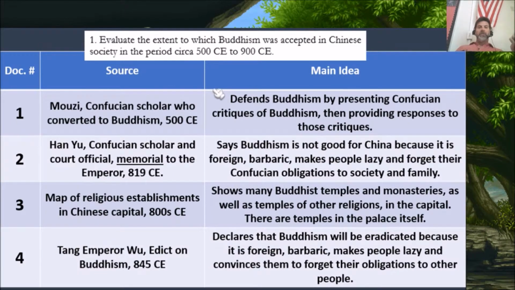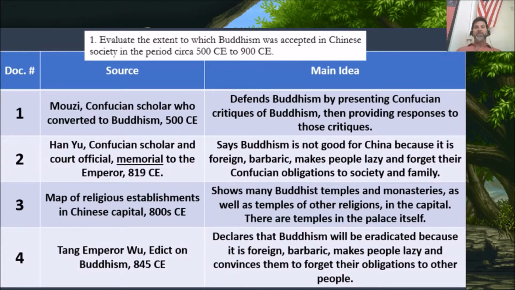So we can see that we've got document 1 at the beginning of this time period, defending Buddhism from critiques by Confucianism, providing responses to those critiques, showing that at least this fellow is willing to defend and accept Buddhism within China. That fits with document 3, which shows that by the early 800s, Buddhism has become more popular.